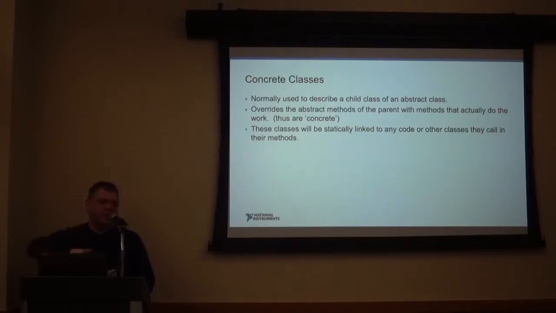So if your concrete method has to use, through composition or through any other process, another type of object in your application, then you're statically linked at that level. That means that when you load the concrete class in memory, you're loading the classes that it's using in memory. But the abstract class is not linked to those methods.